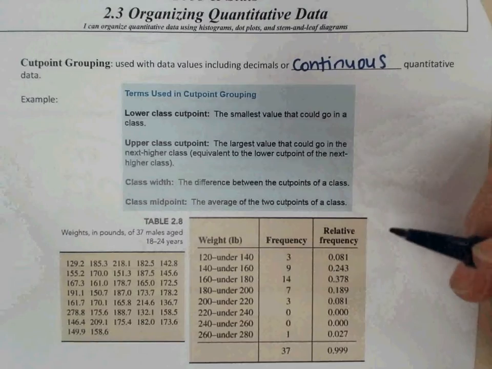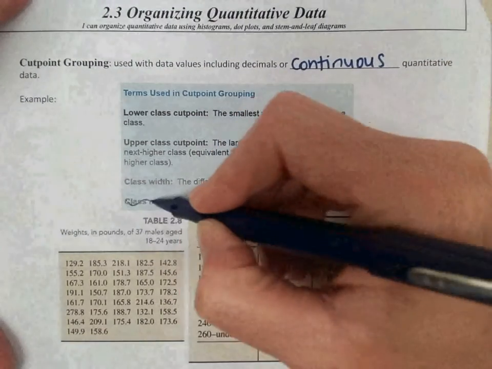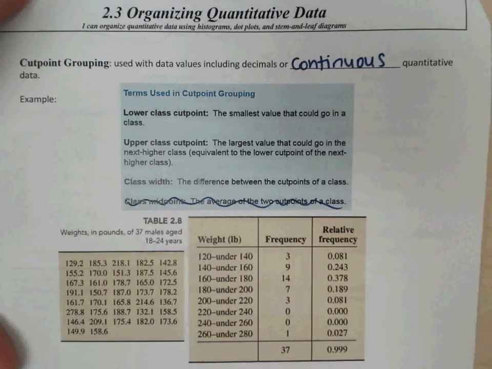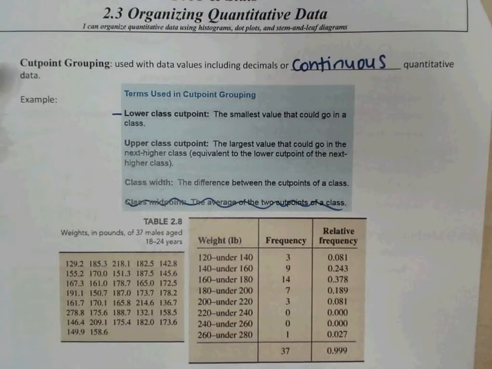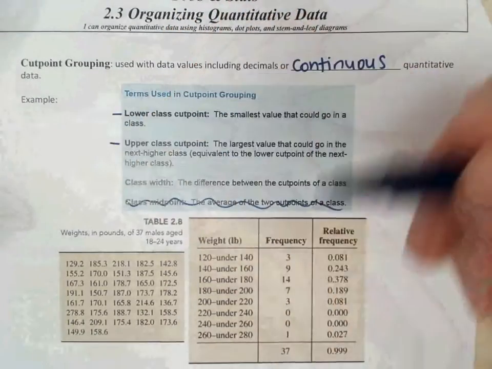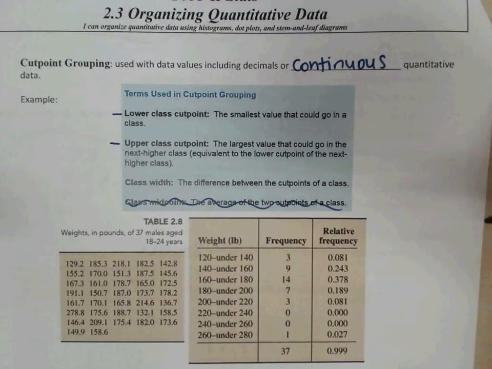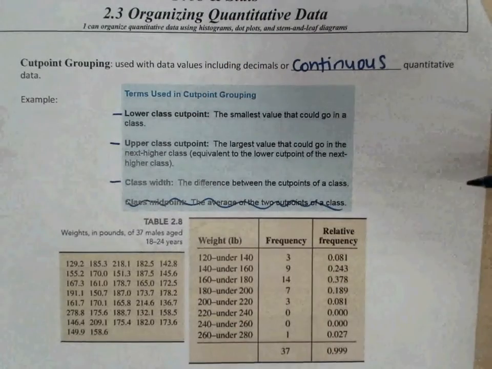So again, we have some terminology. We're going to cross off that last one, class midpoint. We just don't need to add the confusion. We have the lower class cut point and the upper class cut point and the class width again.